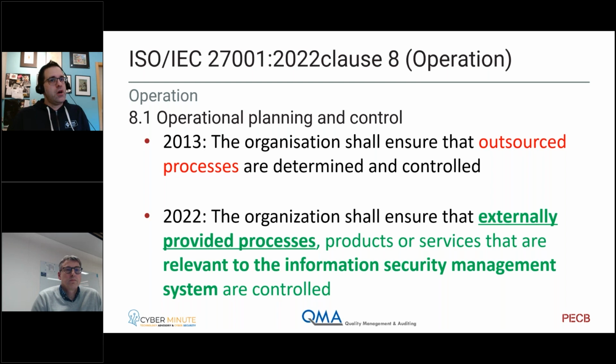What has been called outsourced processes is now called externally provided processes, and of course this also tightly links into the approach to cloud and cybersecurity. In essence, I can link it back also to changing legislation globally and worldwide, and more specifically, for example, in Europe, you will find that many cyber legislations trying to increase security of platforms will require a more advanced control of the supply chain, and this is a clear hint in that sense.